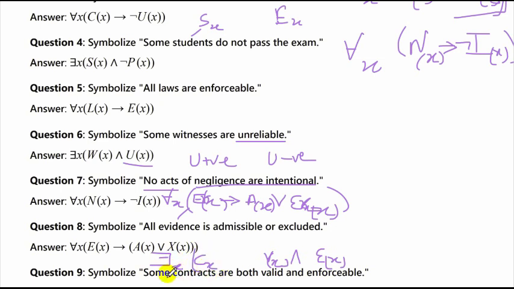There exists an x such that if x is a contract, then it implies that the contract is valid and the contract is enforceable.